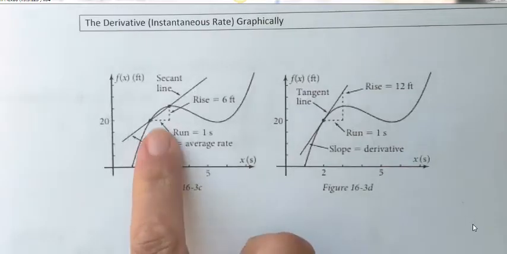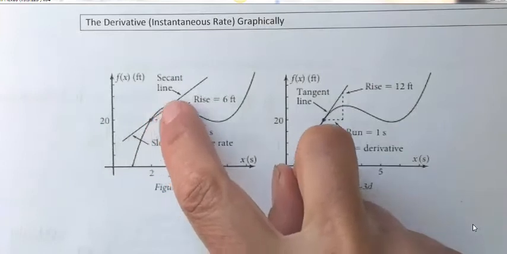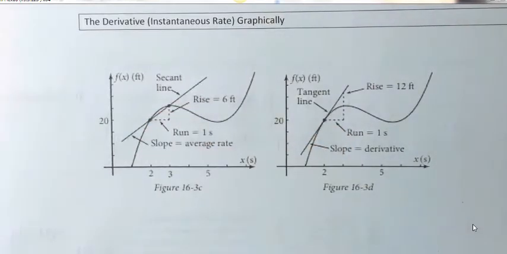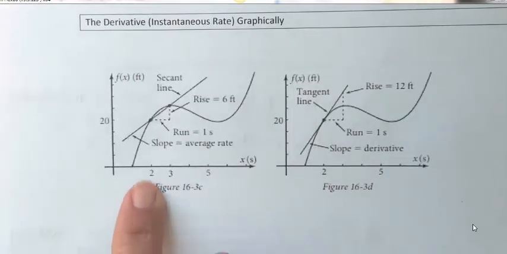So we call that the average rate of change because it's not the actual slope of this curve, okay? Instead, what it is it's an average between two time intervals, and here it's between time 2 and time 3.